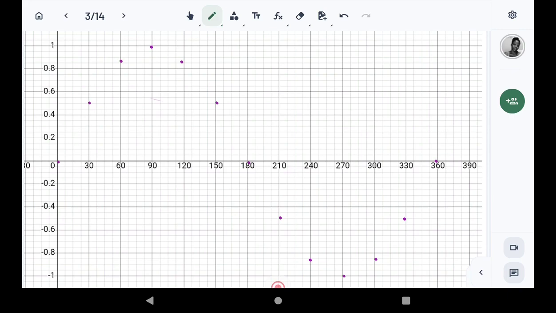And now we join the points. Let's join the points better.